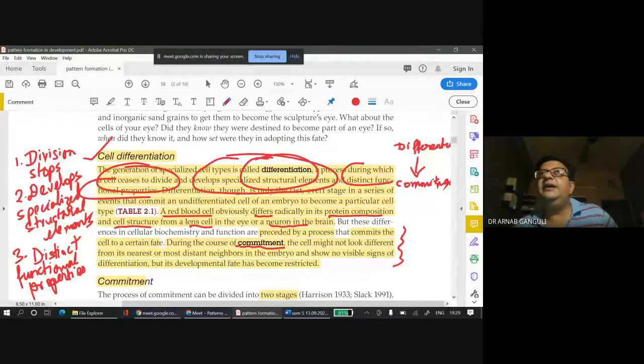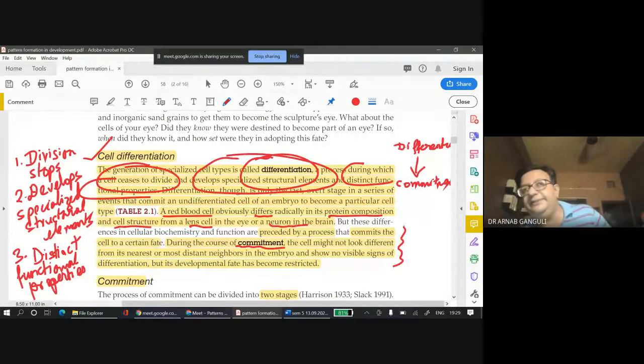The cell may not look different from its neighboring cell, but it is committed. That means this nerve precursor cell looks the same as the other cell, but this nerve precursor cell will differentiate to form a nerve cell only. It is committed.